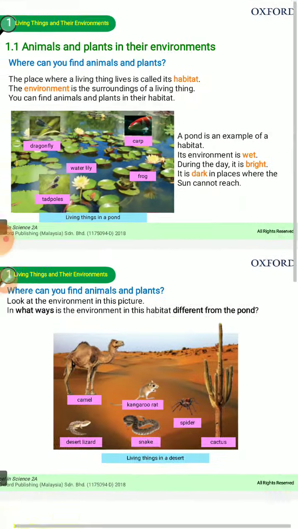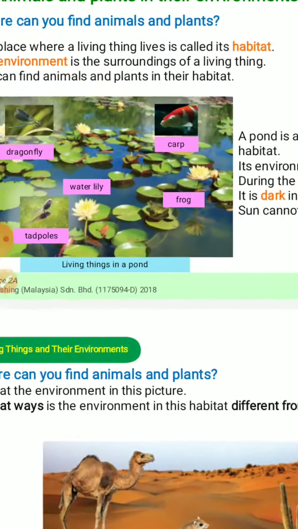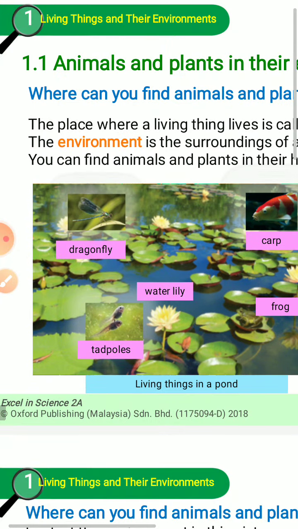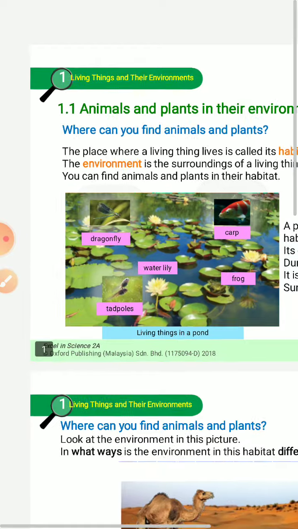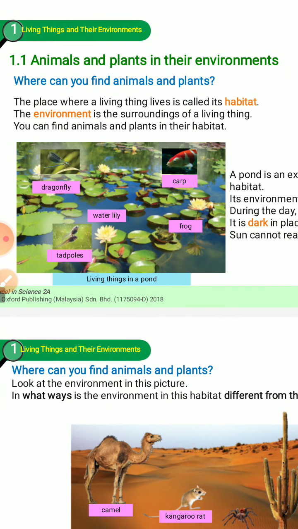So what is the difference between the habitat and the environment? The environment is the surroundings of the living things. The surroundings mean that the frog can live in a wet place, not in a dry place. So you know what I mean? The frog should have surroundings with water to swim.